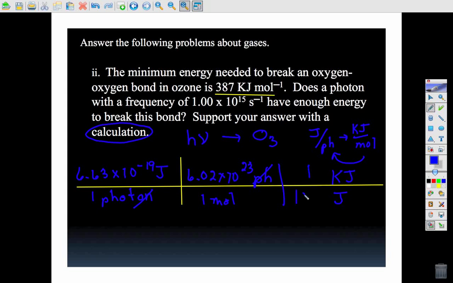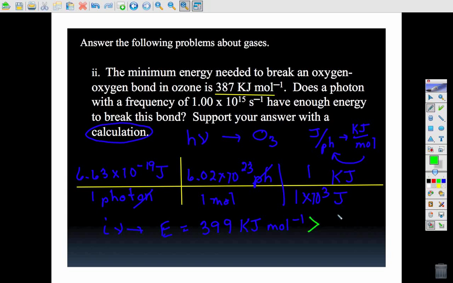Now we just need to go from joules to kilojoules. So the frequency from part I gave us an energy that was equal to 399 kilojoules for every mole, or kilojoules per mole, right?